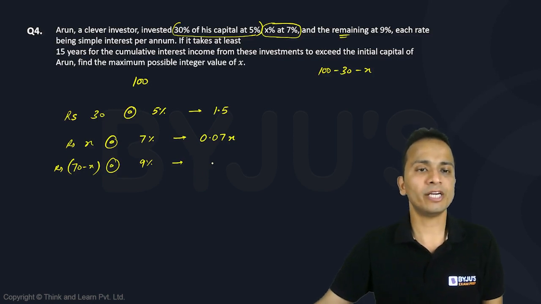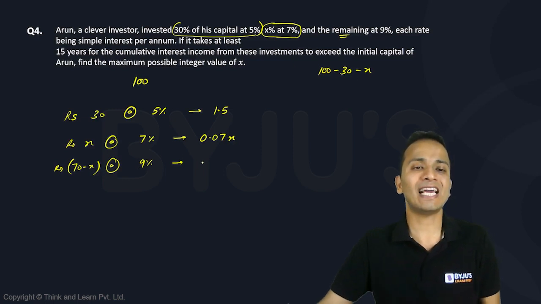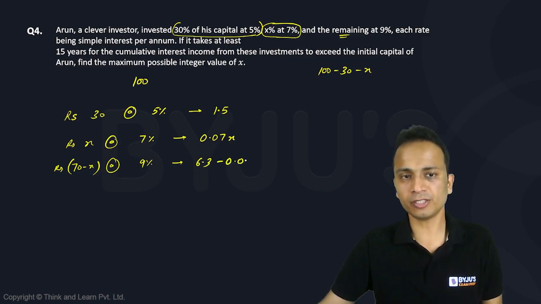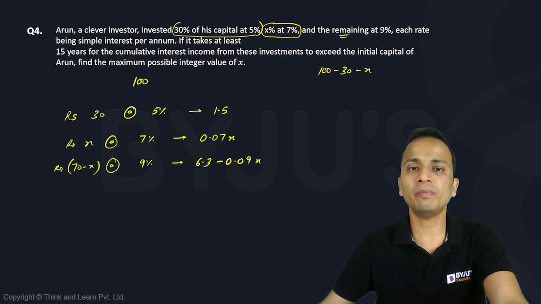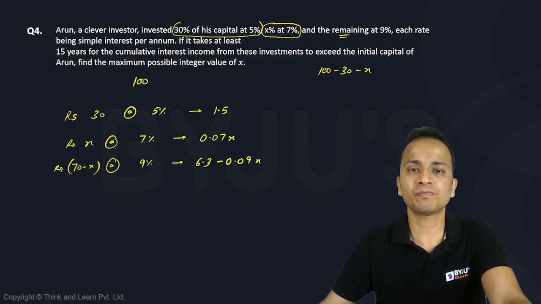Okay, so the interest that he will receive will be 9% of 70 minus 9% of X. So 9% of 70, that is 9 upon 100 into 70, that is 6.3, minus 0.09X. So this will be the annual interest that he will get on this.